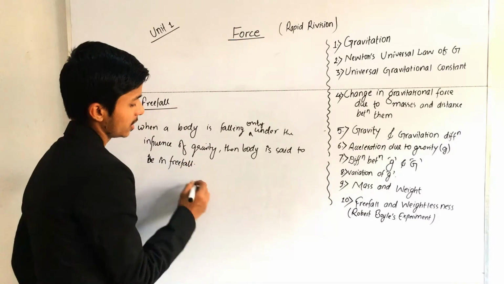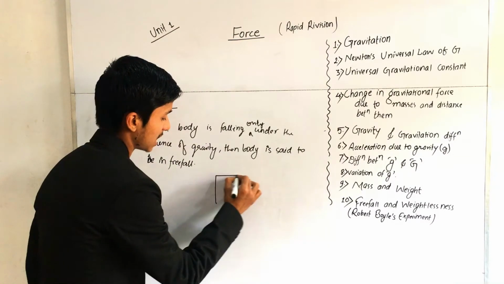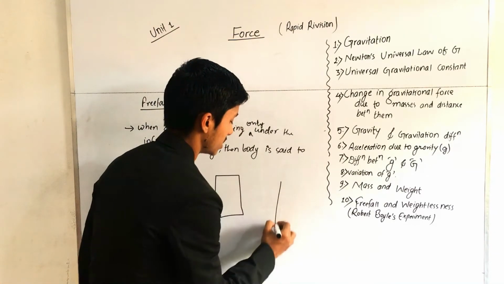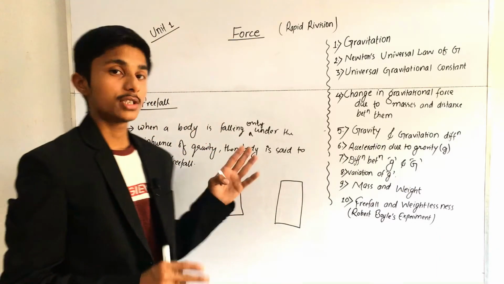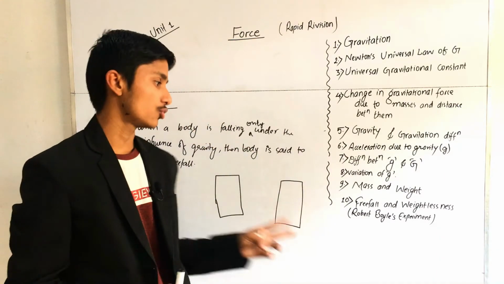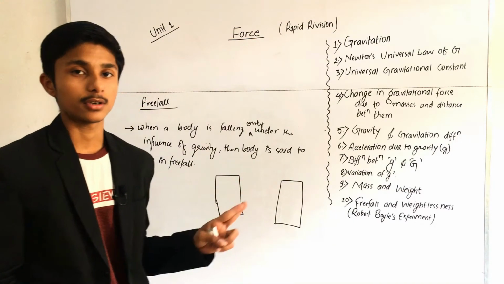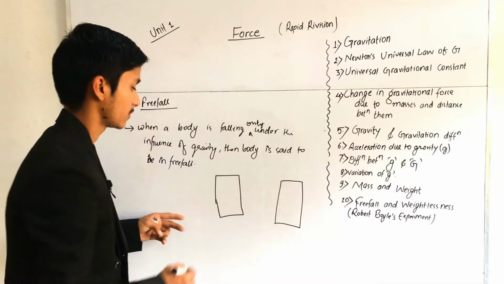What happened in that experiment? Two jars are taken. Since two bodies are used to perform this experiment, a coin and a feather, it is known as the coin and feather experiment.